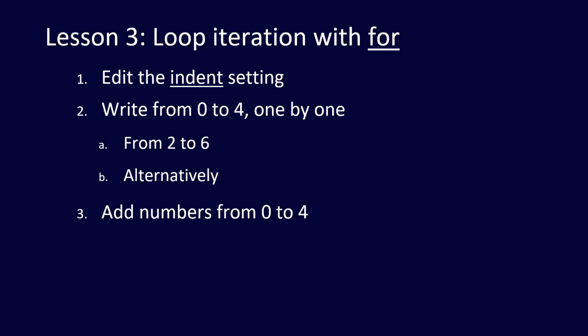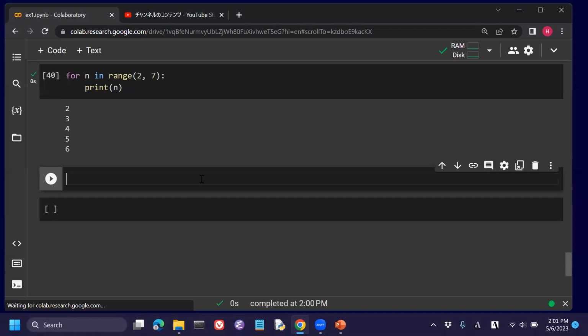Then the point 3, add numbers from 0 to 4. This is another interesting one. Okay, I'll show you how to do it. In this case, we make an empty box, any name will be fine. Let's call it my_sum in this case.